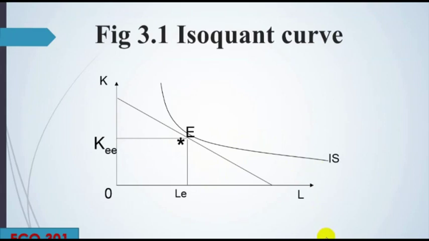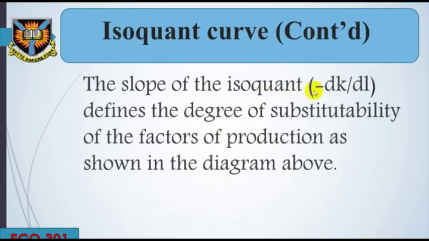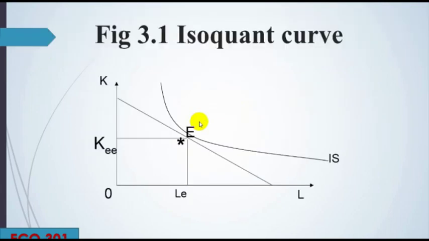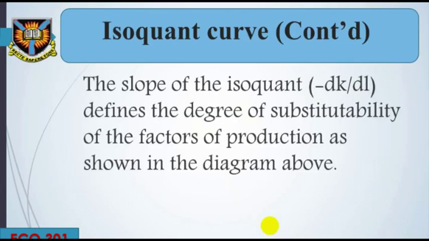The slope of the isoquant (-dK/dL) defines the degree of substitutability of the factors of production as shown in the diagram above.